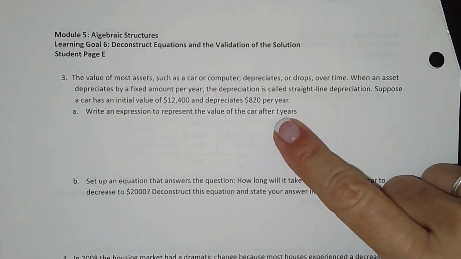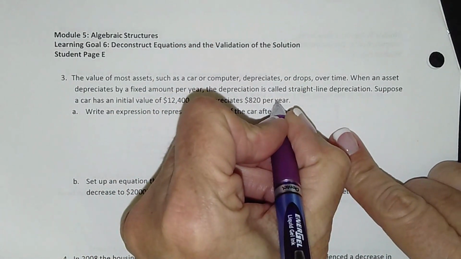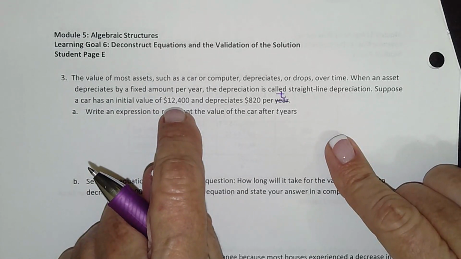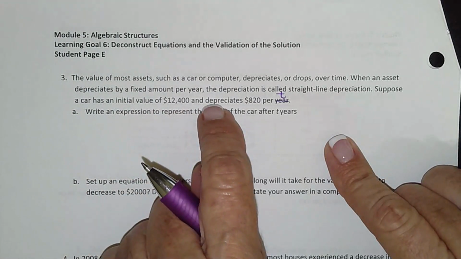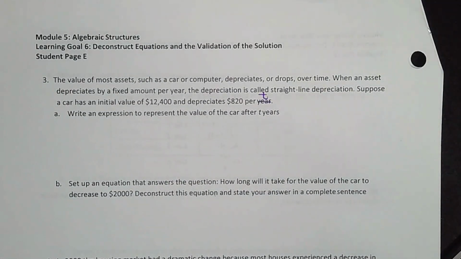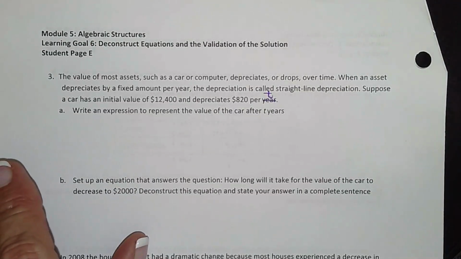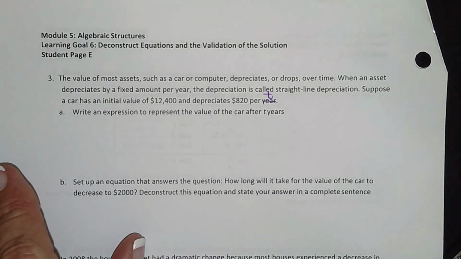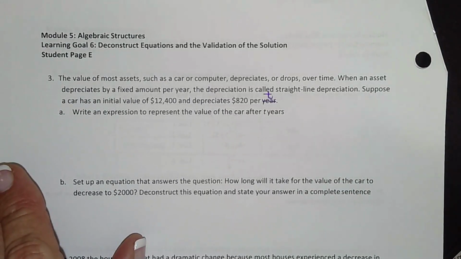So it's telling us right here that years are T. So there's your equation. 12,400 minus 820T. Direct translation. As long as you know depreciates means the value's going down. Appreciates means the value's going up, like the value of a home. But cars and computers and things like that generally are going down.